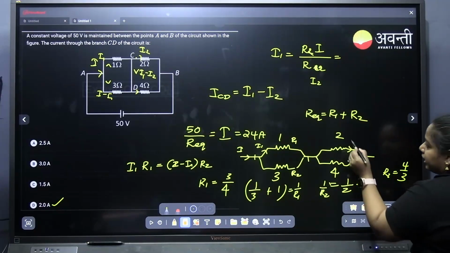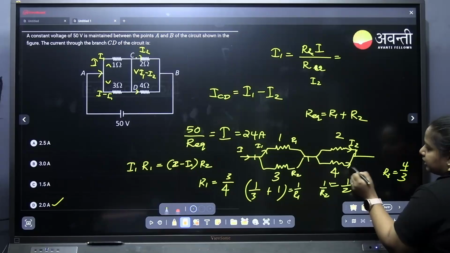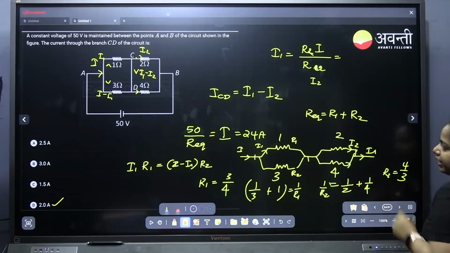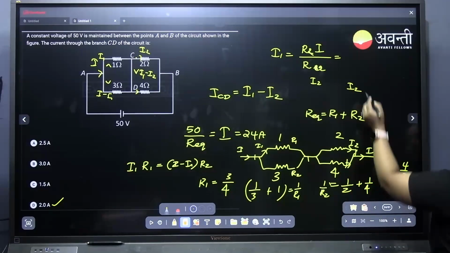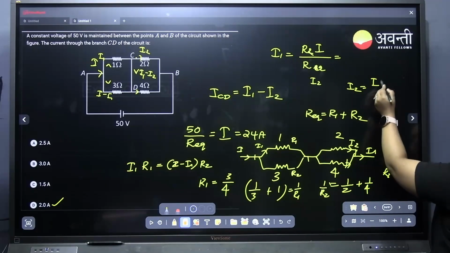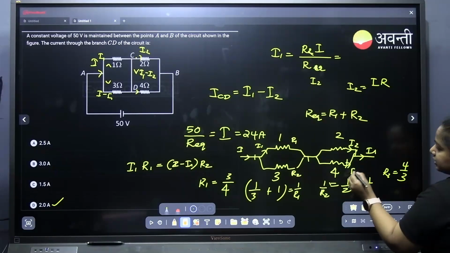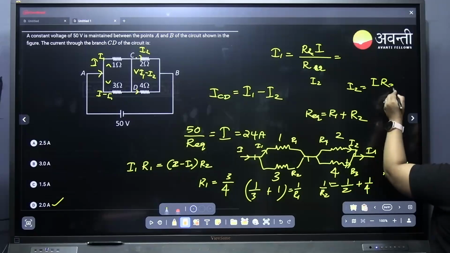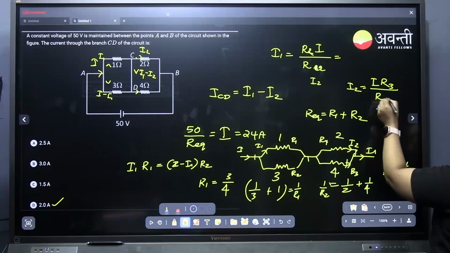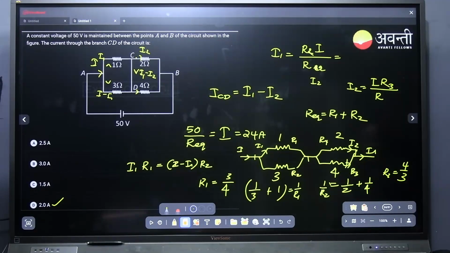Similarly you have to find I2 also. In the same way, I2 equals I into R3 divided by R3 plus R4, if this is R3 and this is R4.